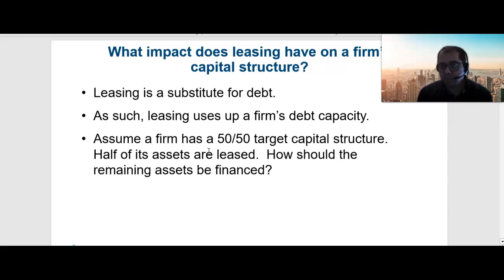Because if you don't, then if you're comparing two companies, one that uses leases and does not own the assets versus another company that owns the asset and in order to own the asset borrows money, you will never be comparing apples to apples, right?